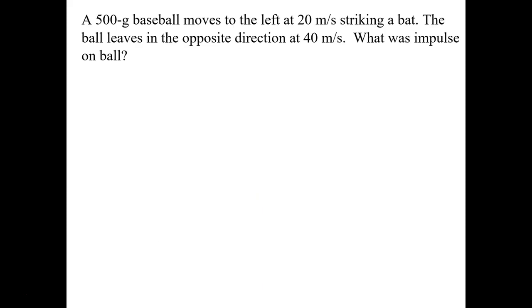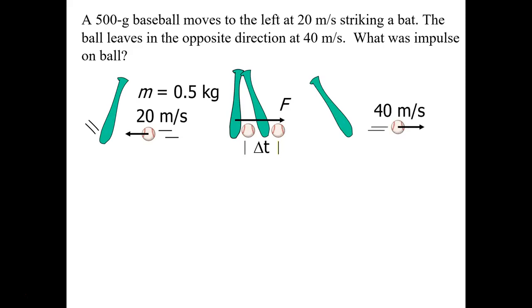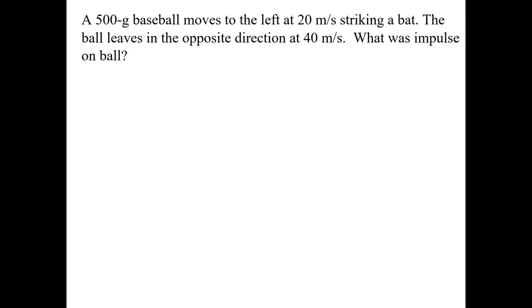Another question. A 500-gram ball moves to the left at 20 meters per second, striking a bat. The ball leaves in the opposite direction at 40 meters per second. What was the impulse? Well, we know what our mass and velocity is, but we do not know what our change in time is. So what is the impulse?